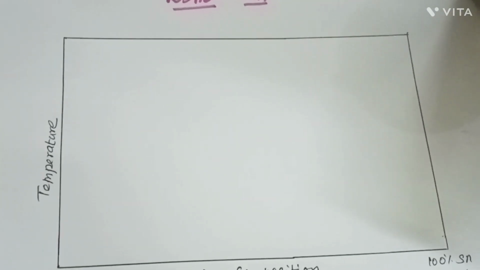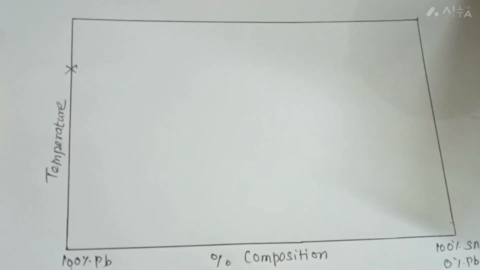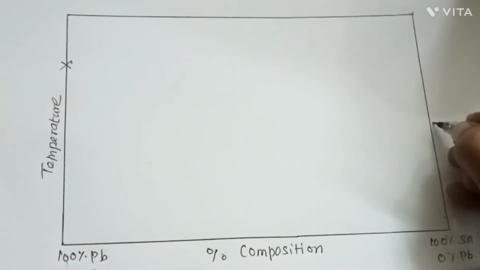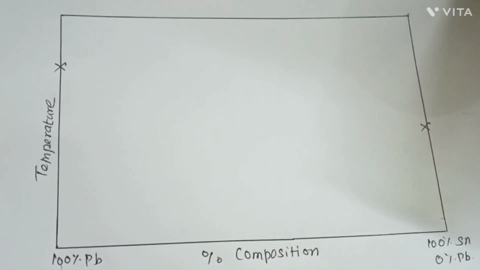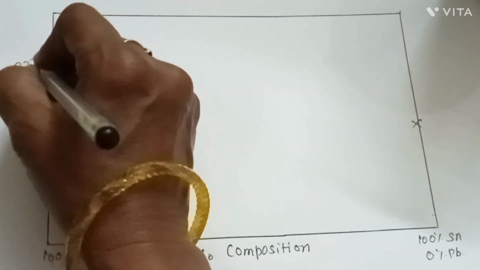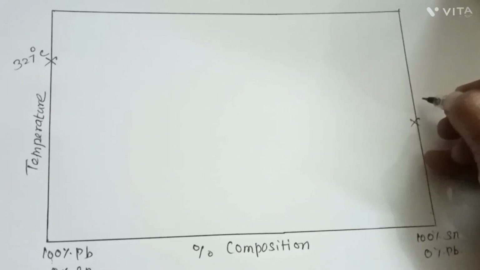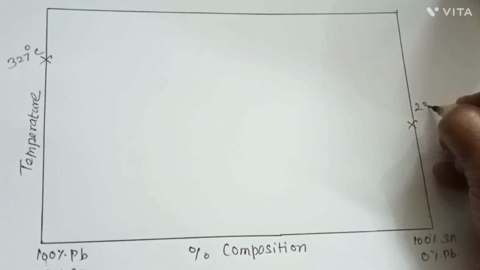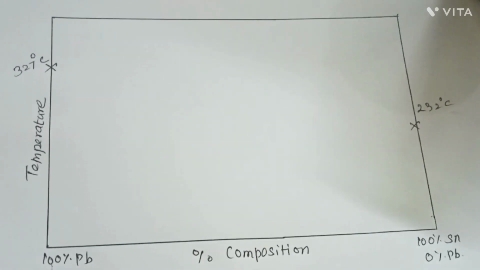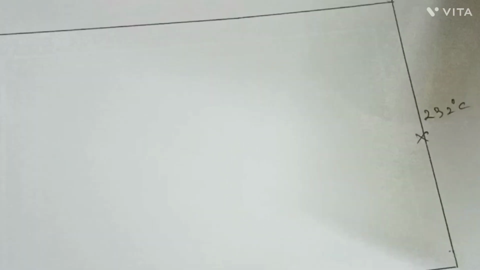Then you need to mark a point on the y-axis at 327 degrees Celsius, which is the melting point of lead. Then mark a point at 232 degrees Celsius on the y-axis on the right-hand side, which is the melting point of tin. So that means the melting point of lead is greater than the melting point of tin.